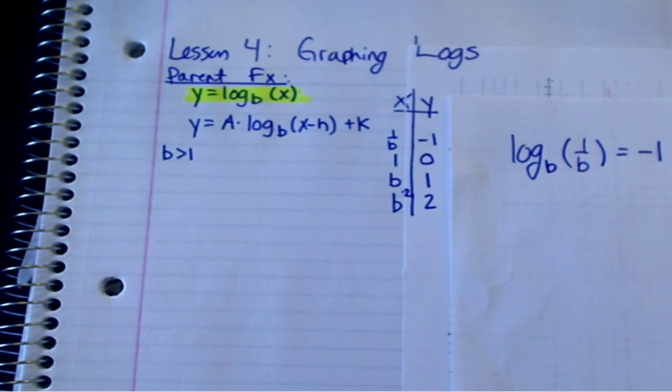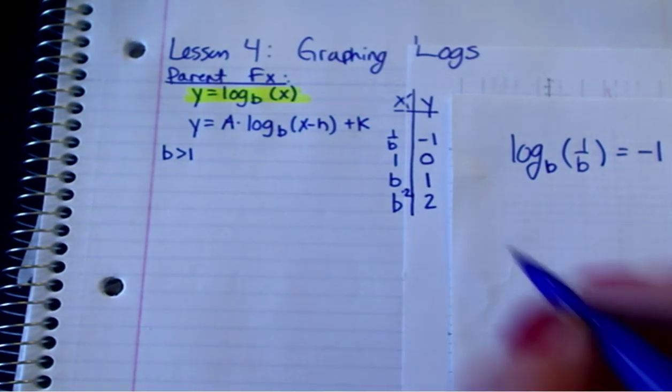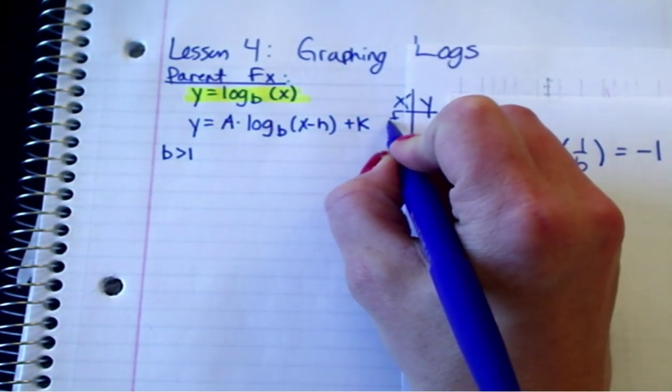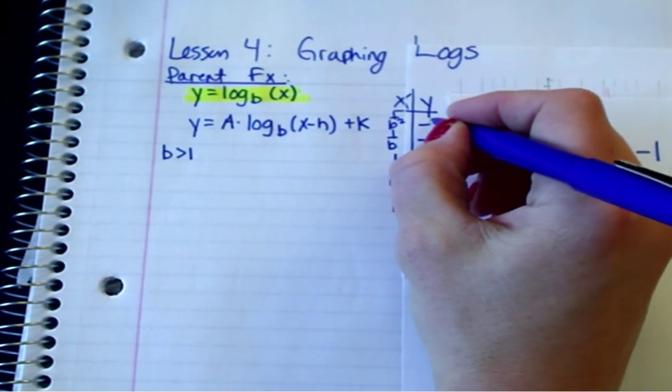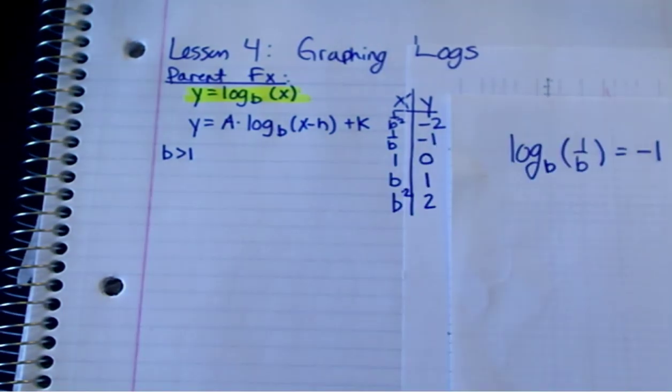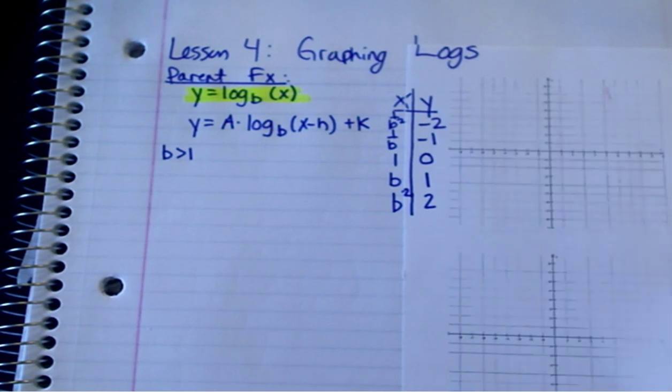I plugged in the reciprocal and the exponent was -1. Okay? What if I plug in the reciprocal squared? -2. Okay. Let's take those numbers and let's actually put them on the graph.